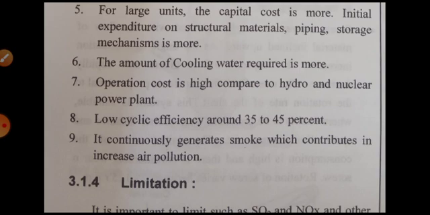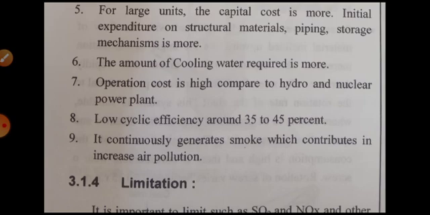If you consider the hydroelectric power plant, it gives 80 to 90% or above 90% efficiency, because there are just friction losses in the pipe, generating losses and transmission losses. So compared to a hydraulic power plant, this has much lower efficiency. Then it continuously generates smoke, which contributes to increasing air pollution.